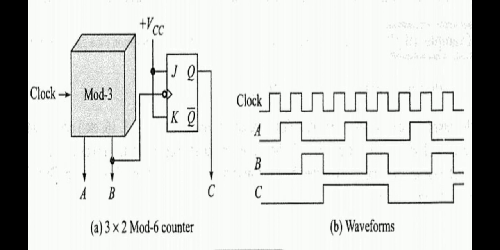The result is a 3 into 2 mod 6 counter, as shown in this figure. The output of the single flip-flop is labeled C. Notice that it is a symmetrical waveform and it also has a frequency of 1/6 that of the input clock.